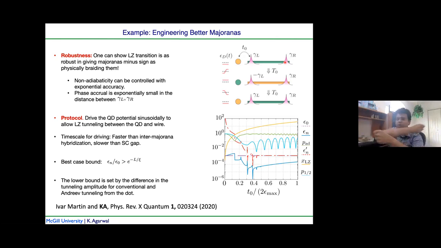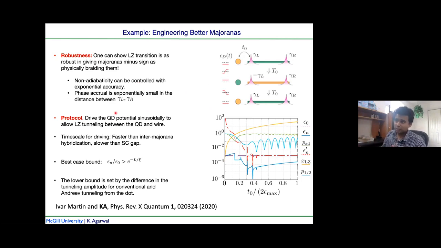And as you drag them along one another, they would also acquire dynamical phase precisely proportional to this hybridization, times the time it takes to do this operation. So that's exactly the same thing that happens in this case as well. And so really this thing is as robust as doing double braids with Majoranas being dragged around one another.